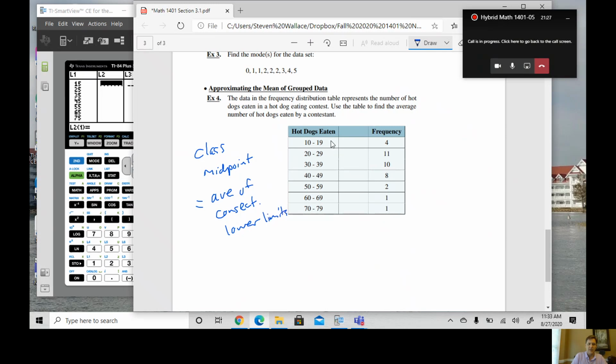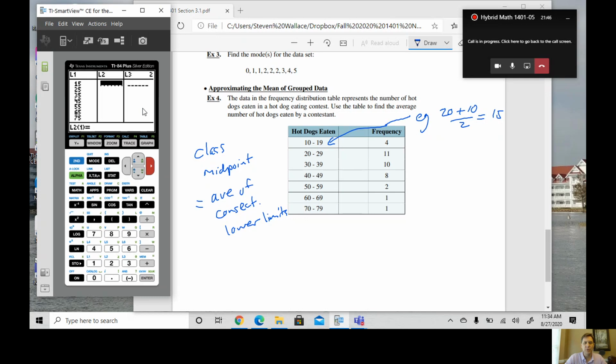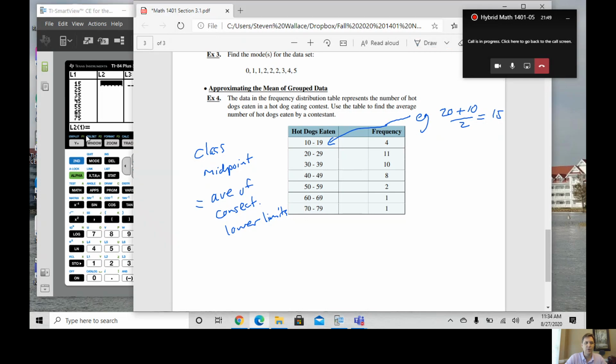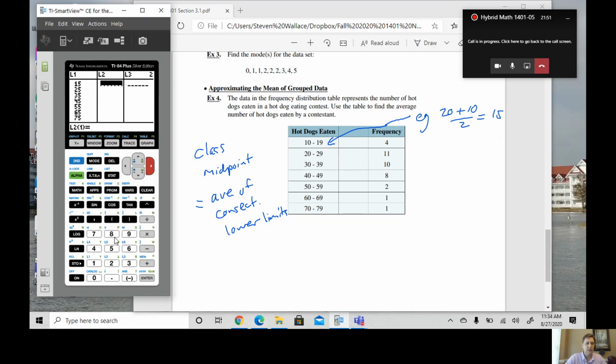Okay, so for instance, 20 plus 10 over 2 is 15 would be the midpoint of this one, right? So the class midpoints go into list 1, and then you put the frequencies into list 2. Okay, make sure they correspond with the same class.